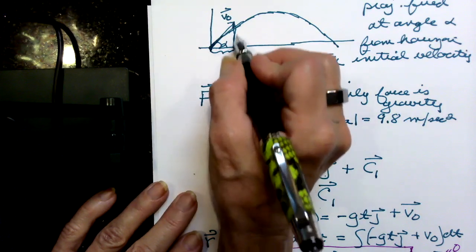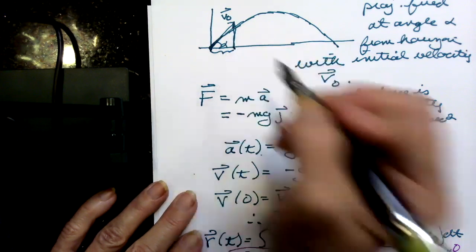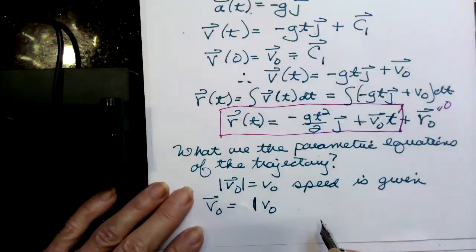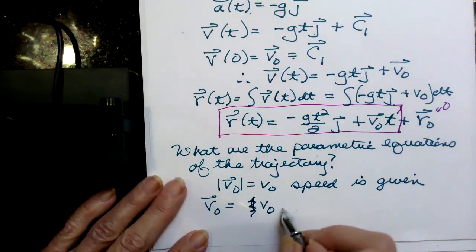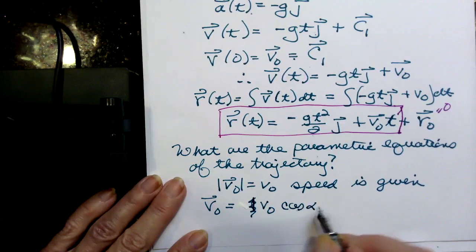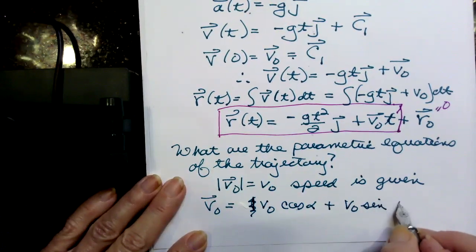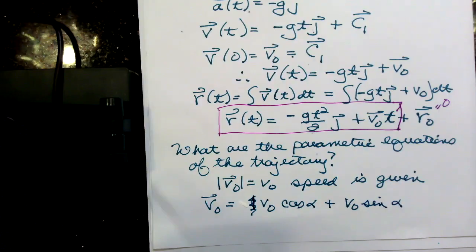And the y component is a similar thing with the sine. So this is the length of v0, which I'm calling little v0 with no vector above it, times the cosine of alpha, plus v0 times the sine of alpha. That's just basic trigonometry.